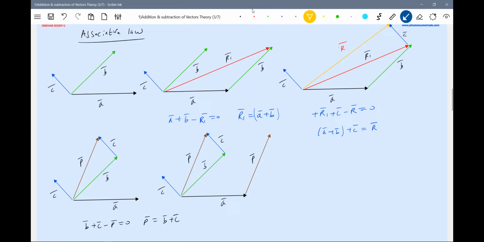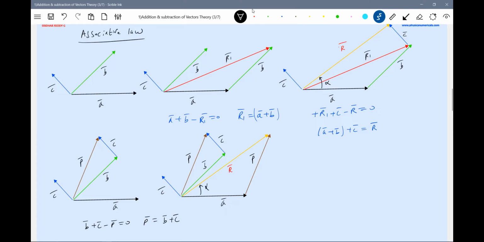Yellow color. Okay, this yellow color, it is here. Now you check it. Finally, this will be R bar. Means like will I get same answer, same length? Yes, it will be same length. If you go and check the final angle made by the R bar with A bar, here also you check this angle, both will be same and both are having same length.